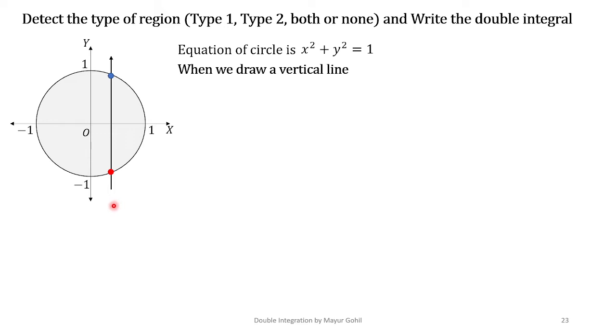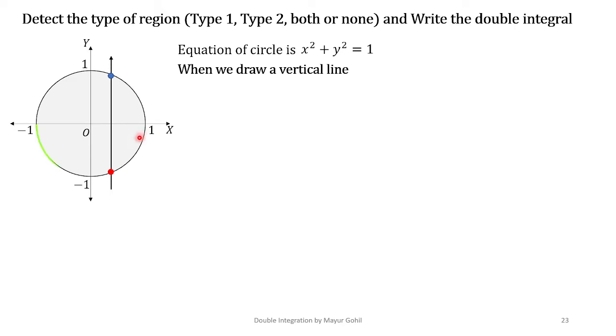So how do we formulate the limits for a type 1 double integral? Recall that the red dot is located on the semicircle which is below the x-axis.